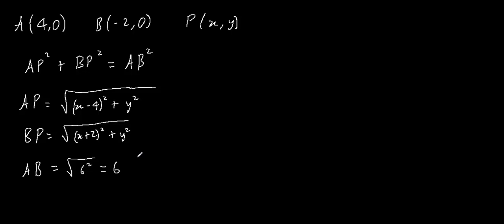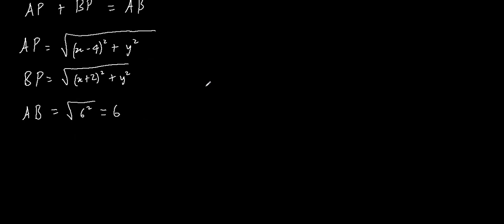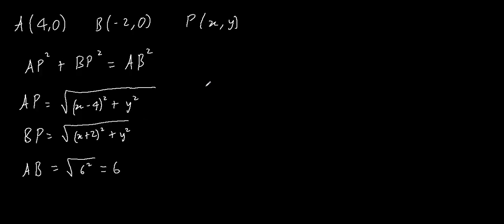Okay, now what? Let's just plug it into this formula now, this above formula. Actually, I'll just leave it as this. Then I would have, because now I square it, right? So the square root goes away. So that I have (x minus 4) all squared plus y squared.